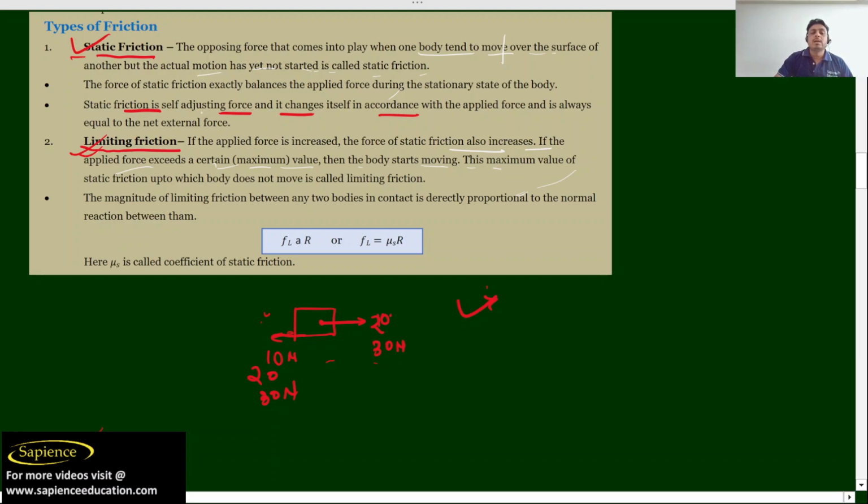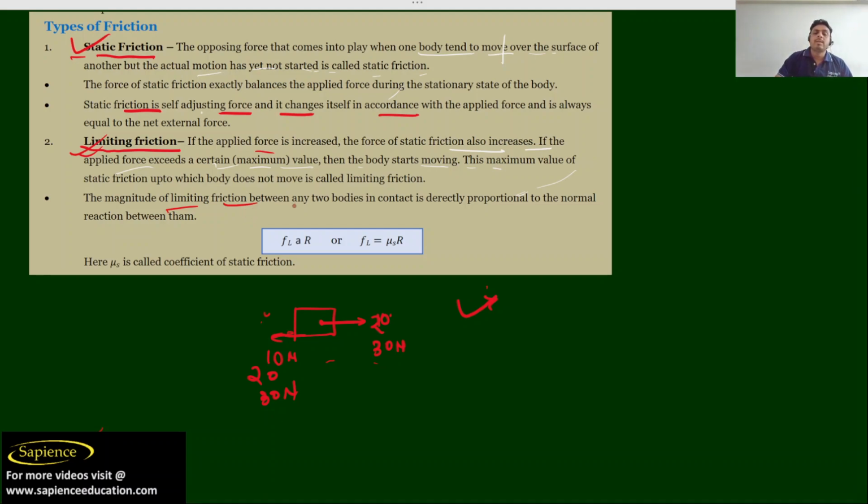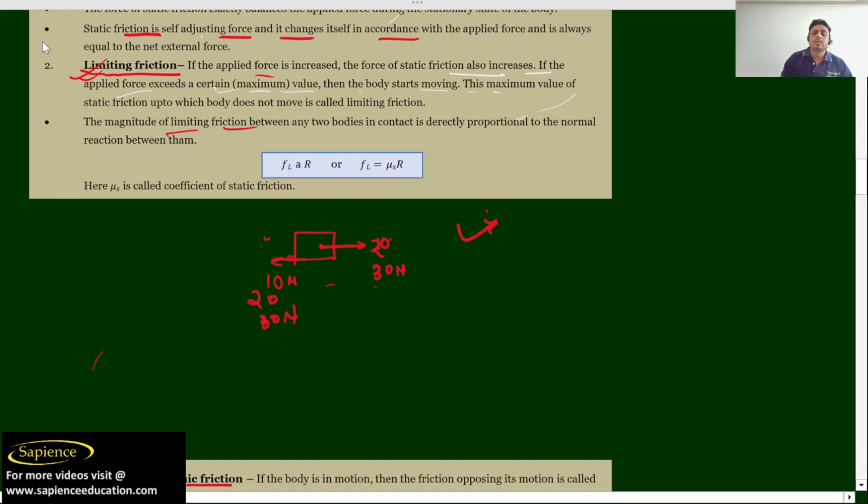Limiting friction is the amount of friction after which a surface cannot apply more frictional force on another surface. Okay, I hope you all have understood now.